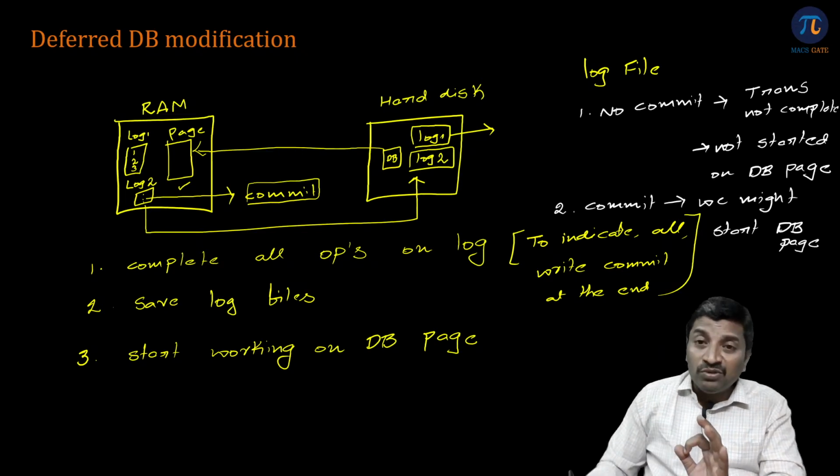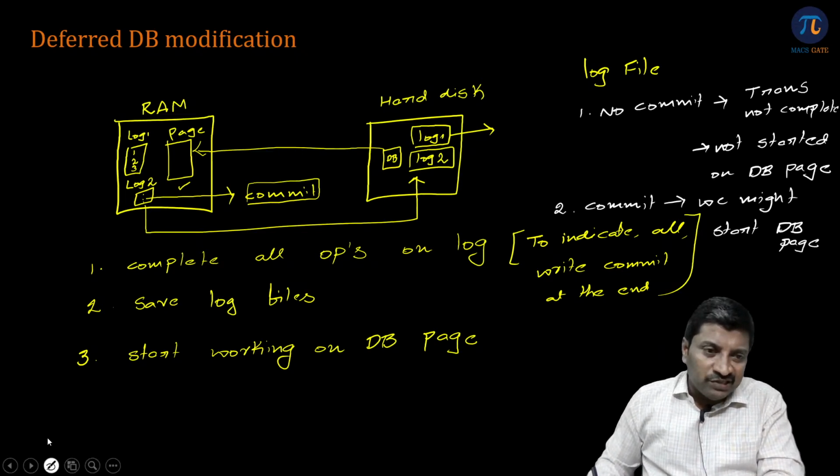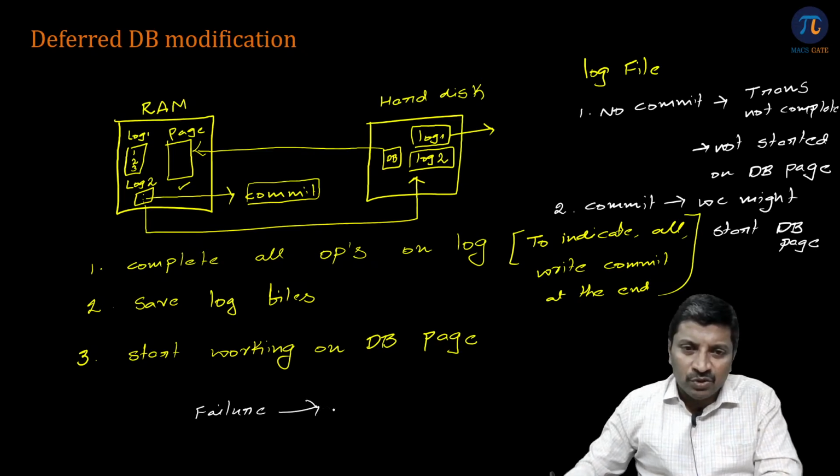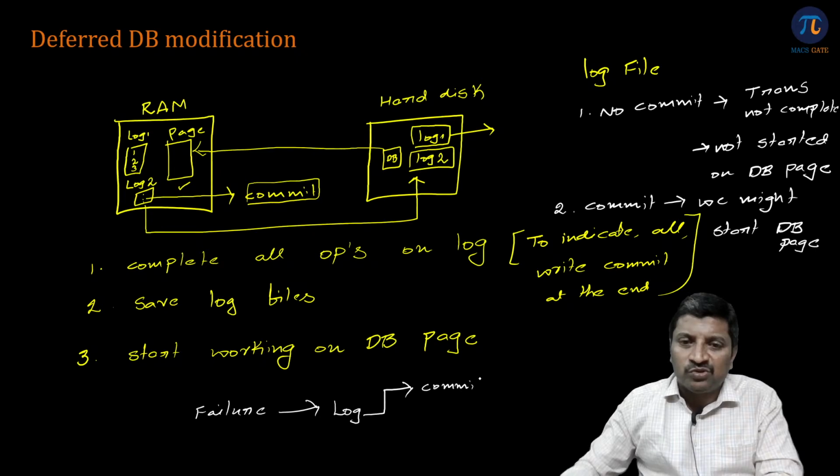Now the question is, suppose there is a failure. Then the first step is go to the log file and verify for commit. If commit is there, what should I do? If commit is not there, what should I do?